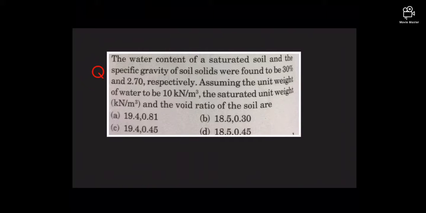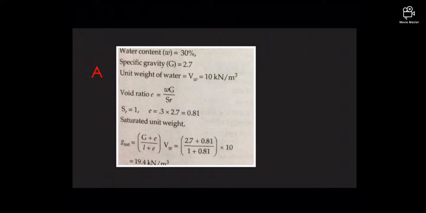So the same way we explained the earlier question, we can use the same equation, which is gamma saturated is equal to G plus E into gamma W divided by 1 plus E. It's given that gamma W is 10.